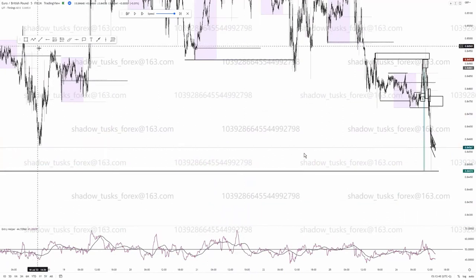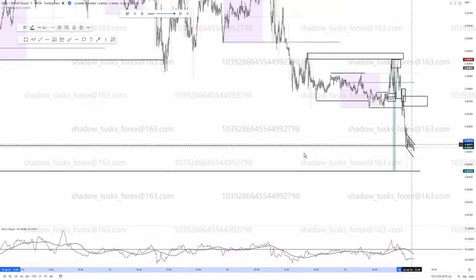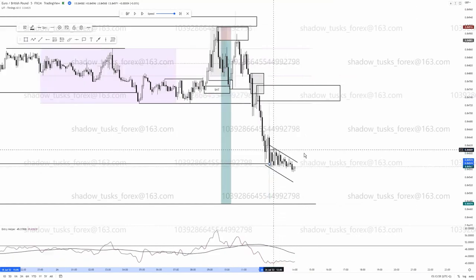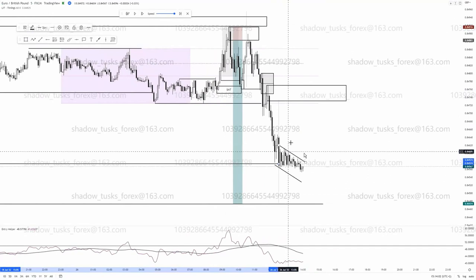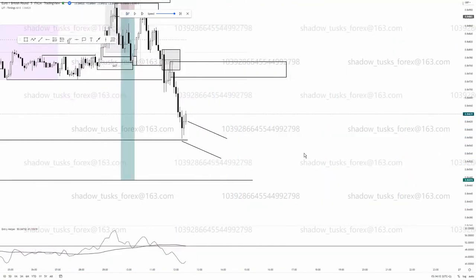At least some. Potentially, if you get really lost and you see this, I could maybe understand if you took it. But you have to take into account everything. Like why would this little inducement here, okay, here is the scenario in which this would be fine. We create liquidity.